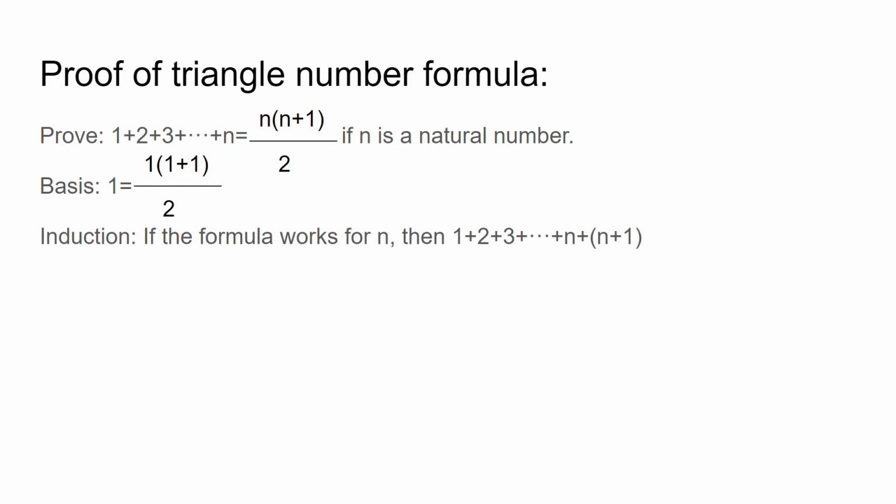For the induction step, we are trying to prove that if 1 plus 2 plus 3 until n is equal to n times n plus 1 over 2, then 1 plus 2 plus 3 all the way up to n plus 1 is equal to n plus 1 times n plus 1 plus 1 all over 2.